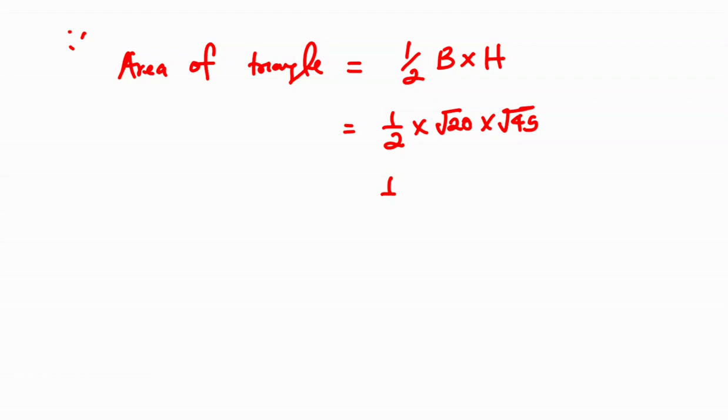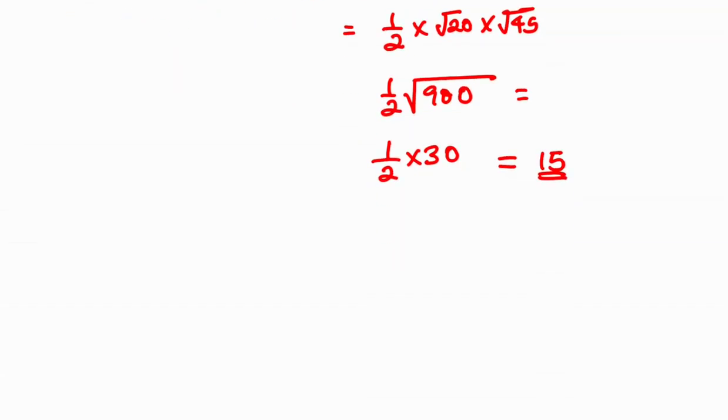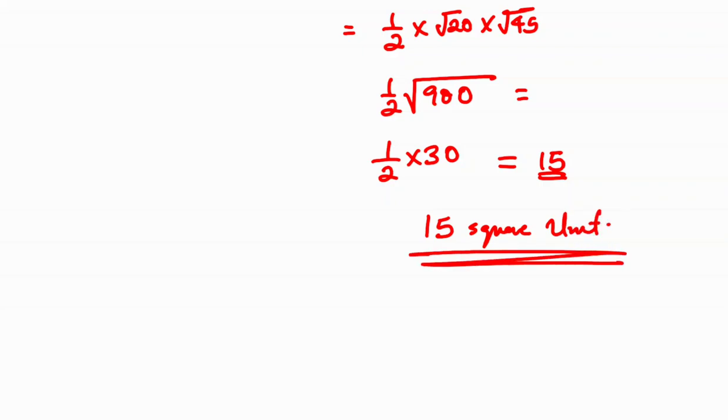Now this is 1 over 2. 20 times 45 is going to be 900. Root of 900, of course, is 30. So I'm going to have 1 over 2 times 30. So the answer is going to be 15. Okay, so my answer is 15 square units. So that is the final answer for this.